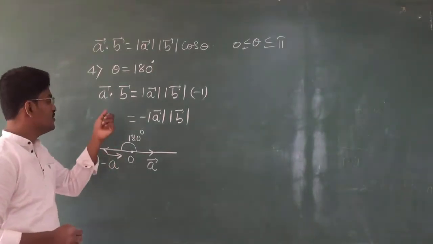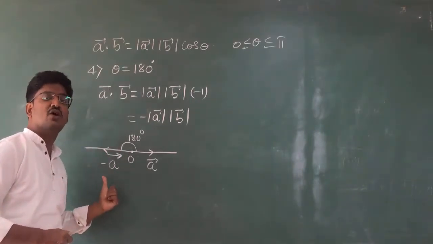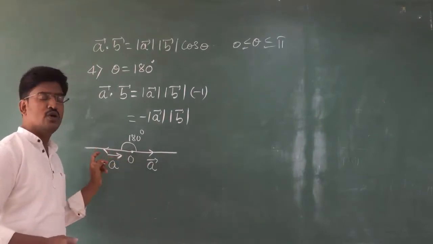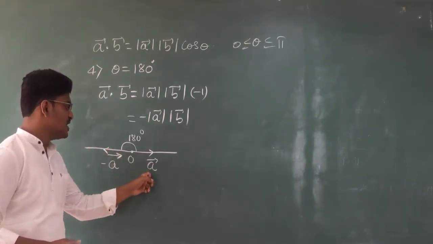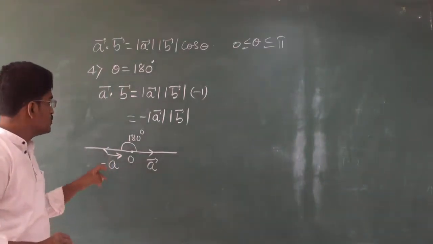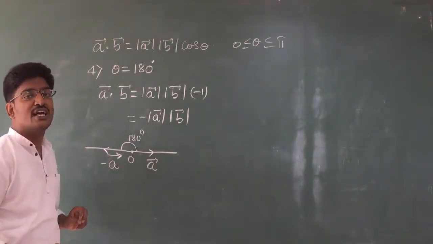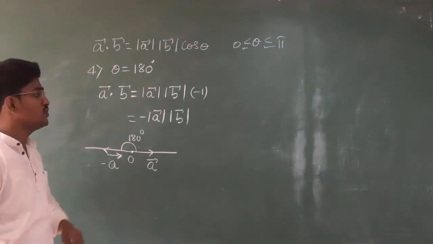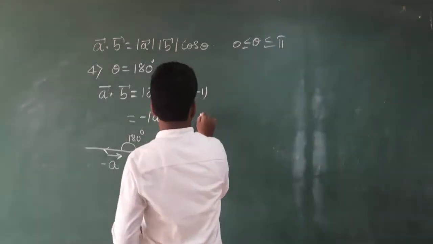So I can write vector B as minus of vector A. From this diagram we can clearly see that vector A and vector B are in the opposite direction, so that's why vector B can be written as negative of vector A.